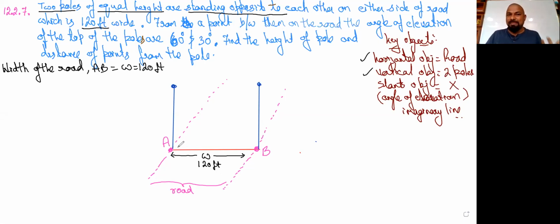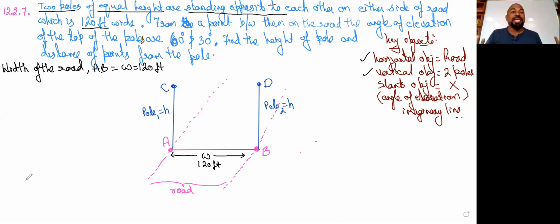Okay, now let's start labeling that. So AC is the first pole and BD is the second pole. Let's take this as pole 1 and this as pole 2. But what he said is they both are of equal height, and he didn't give us the height. So the height of the first pole is H meters, and the height of the second pole is H meters.